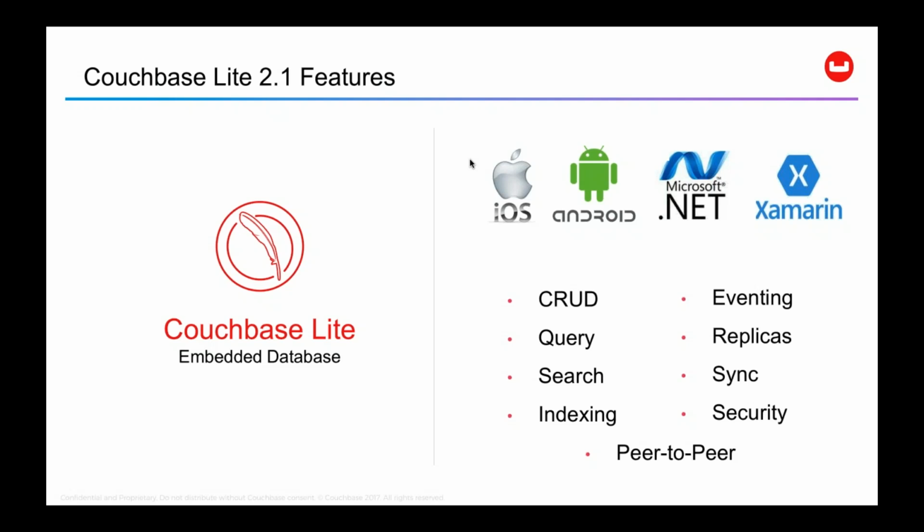All of this is really oriented at being able to have data available offline, with the responsiveness and flexibility of a NoSQL JSON document database on the device. So you'll have your data local to your device for your application to be using.